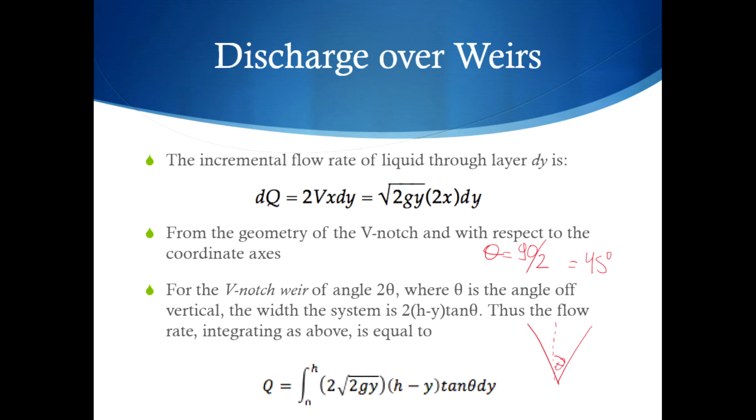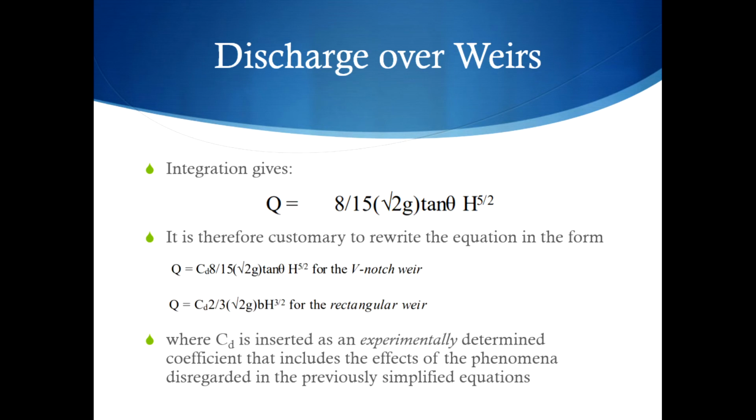So after obtaining the integration, it will give us that the flow rate equals 8/15 of the square root of 2g, multiplied by tangent of theta, multiplied by a head, in this case our delta h, to the power of 5/2.